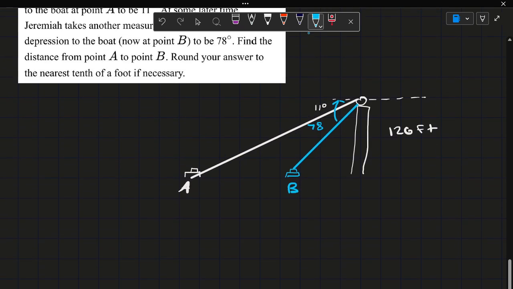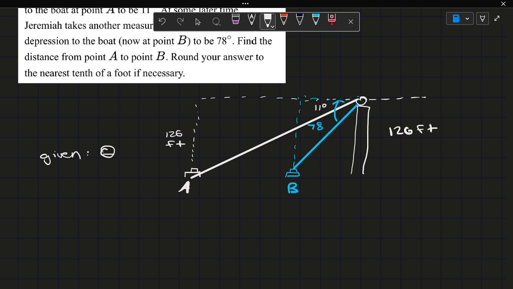So what are we given? And we're thinking of two right triangles. And I'll draw the right triangles right now. So we're given this one right here, and then we're given this right triangle right here. So we're given theta in both circumstances. We know the height. We can use the height over here, 126 feet.